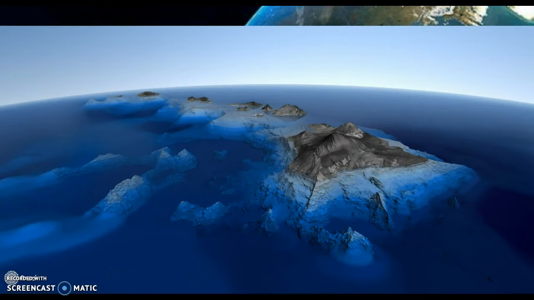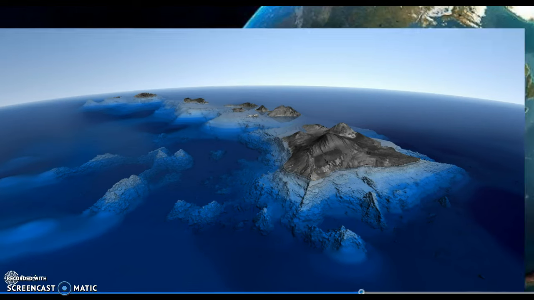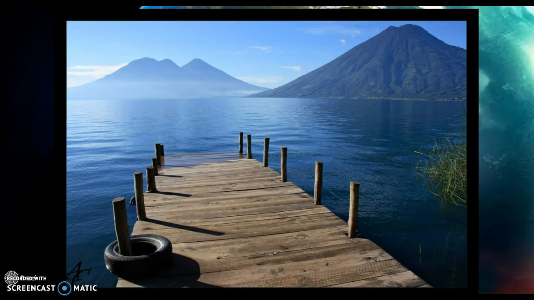Let's take a look at the submerged lands. You can see in this image how the submerged lands are. You can see mountains under the sea, and some other parts are above the sea. 29% of the crust is composed of lands above the sea, okay, which is the smaller percentage.